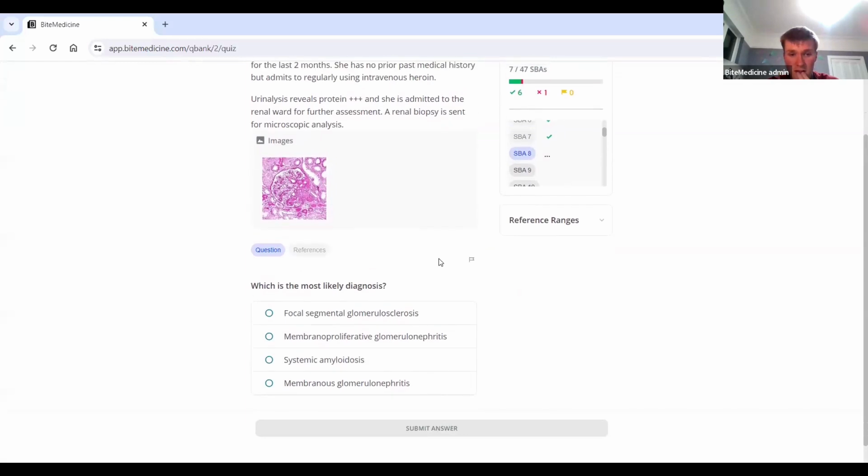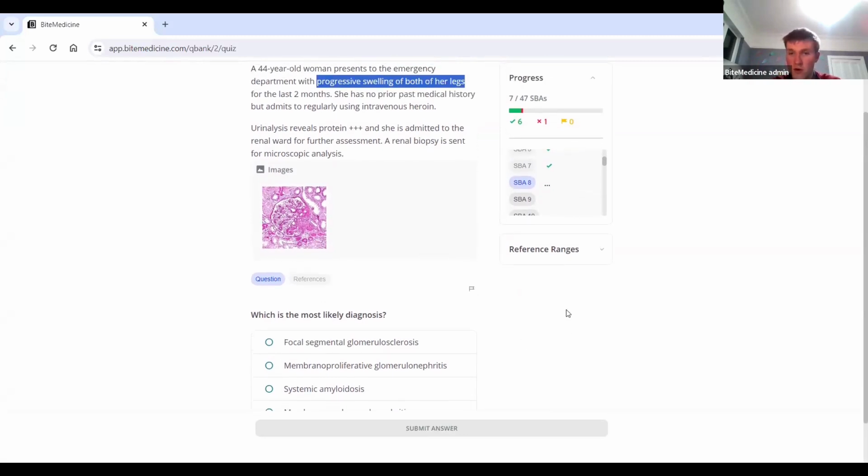Well, we've got some scenarios here, and essentially we need to pick what is the cause of this patient's nephrotic syndrome. Whilst all of these can cause nephrotic syndrome, some of them could cause nephrotic-nephritic, like MPGN.